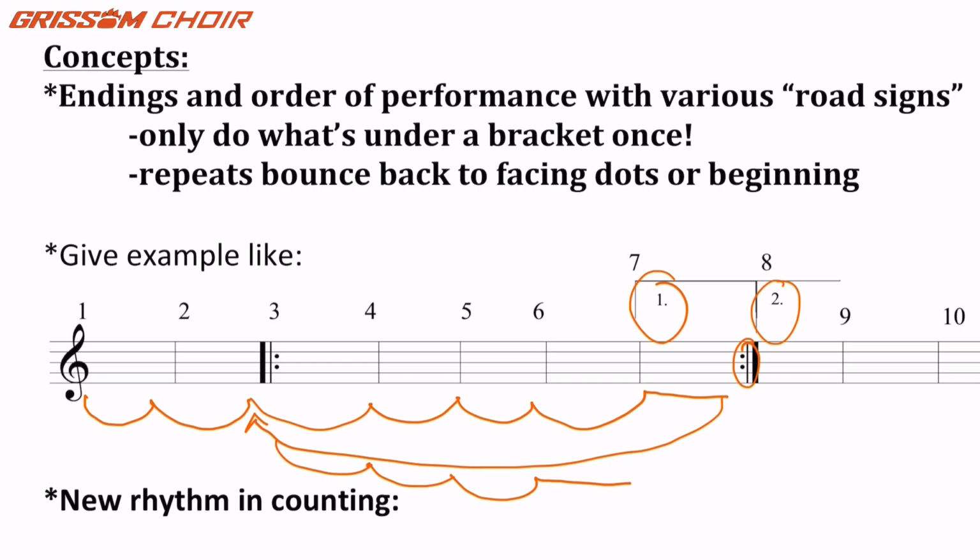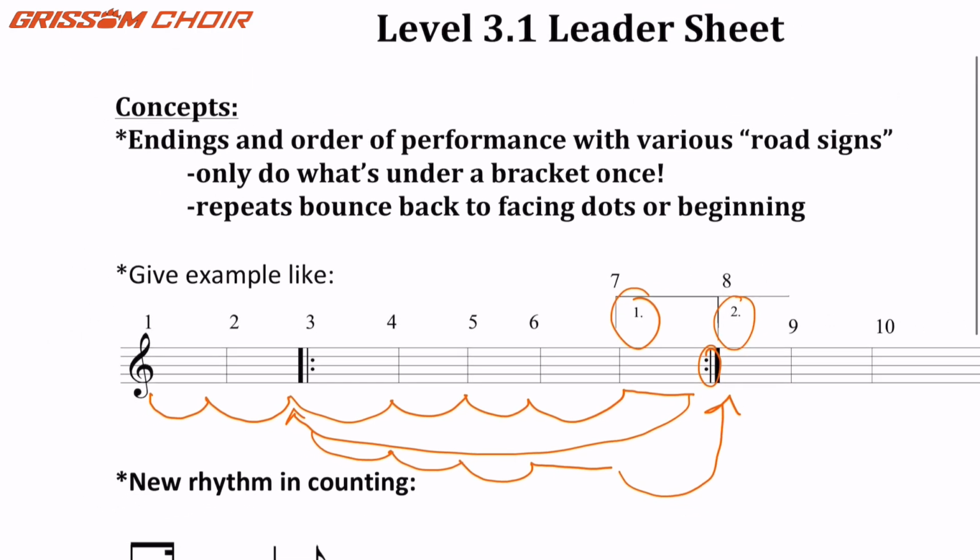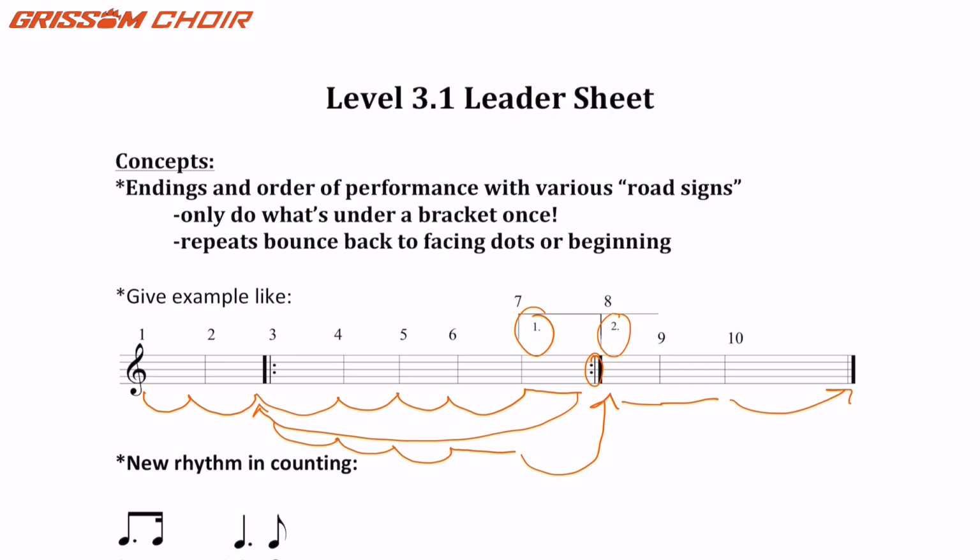Since we have already sung measure 7 in the first ending, we will then jump over to the second ending, which is measure 8. Then we would sing measure 8 to measure 9 to measure 10 all the way to the end. On the test, it will ask you to write the order of the measures which you will sing.